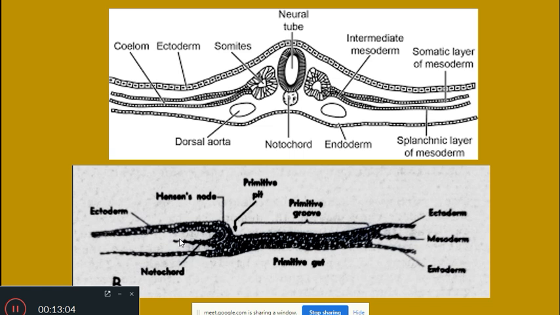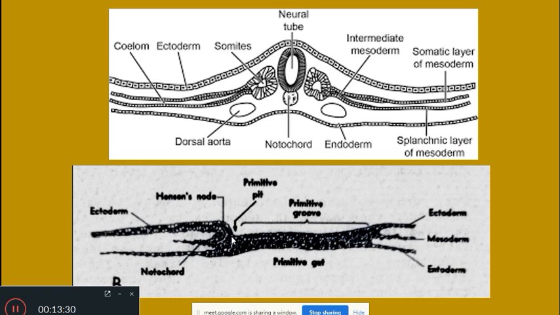Okay. So this area of origin of the notochord, the Hensen's node, is equivalent to the dorsal lip of the blastopore of the frog gastrula. In frog gastrula also we saw that it is from the dorsal lip that the notochordal cells started involuting inwards. So here also it is from the Hensen's node that the notochord starts developing.